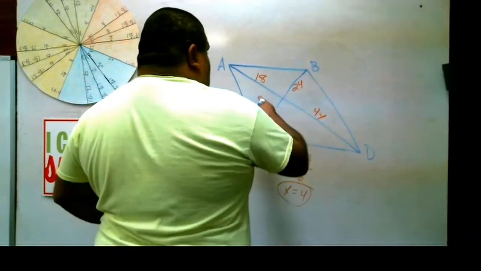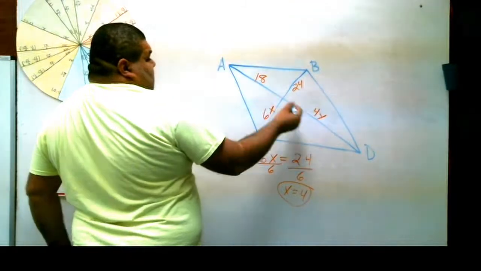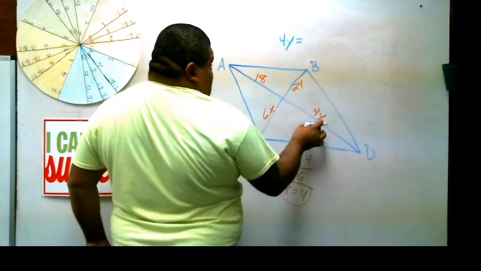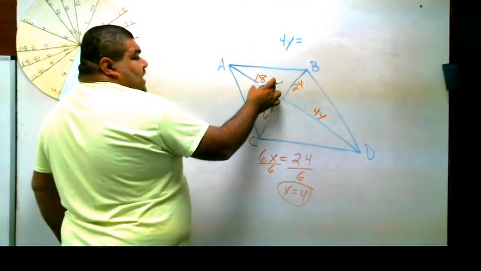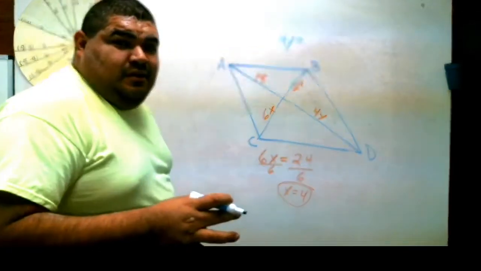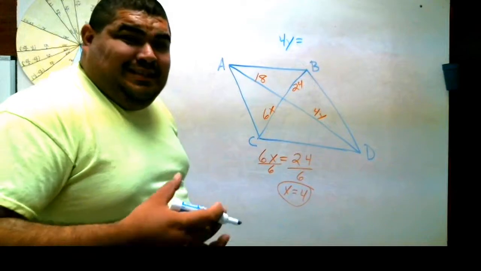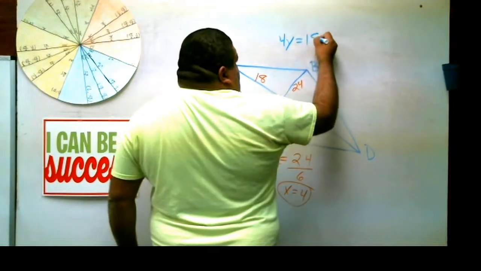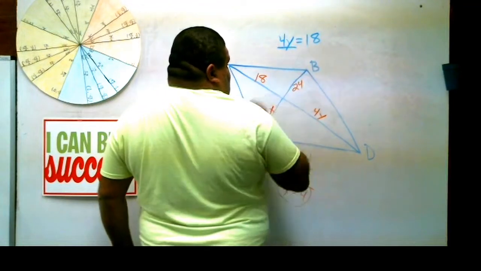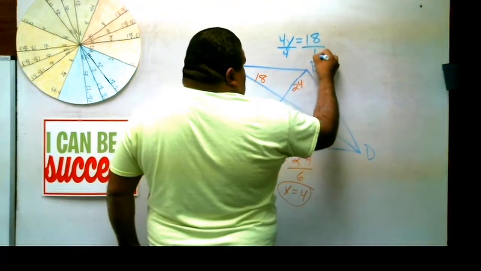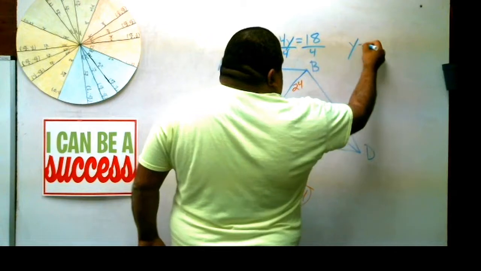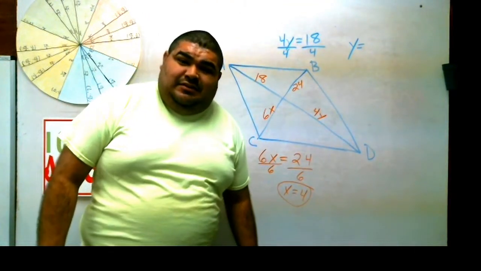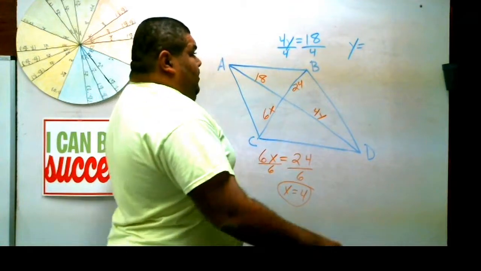So we have 18 and 4y. So we can say 4y equals, remember, we have to get the same number that is shared by the same line, which in this case is 18. We divide by 4. Y equals, since 4 can't really be divided into 18, we can reduce it.